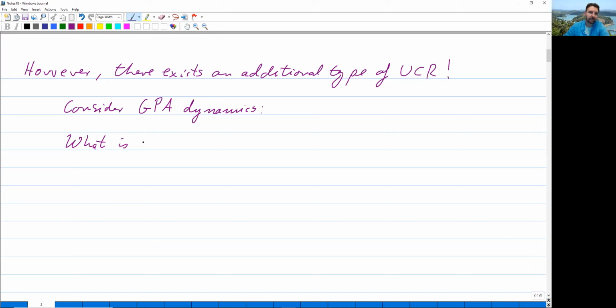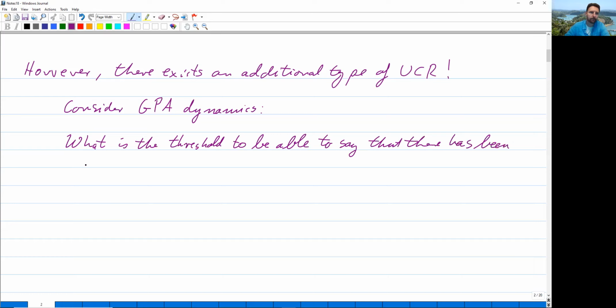So what is the threshold to be able to say that there has been a statistically significant improvement?